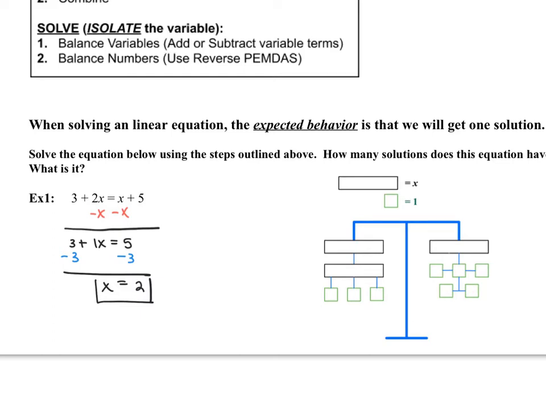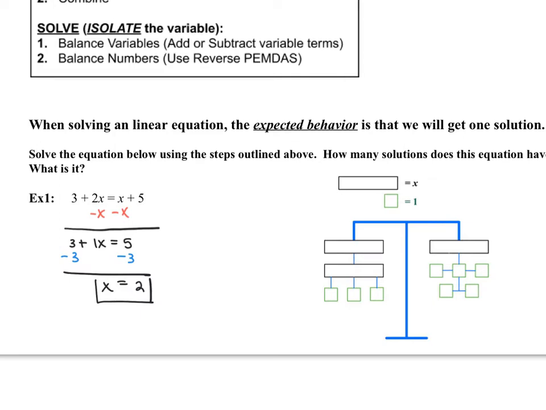Now, a way to solve this visually rather than algebraically might be to think about picking apples off an apple tree. So think of this like a tree and think of this like a tree. If you pick any fruit off of this tree, then you need to pick the same number of fruit off of this tree.